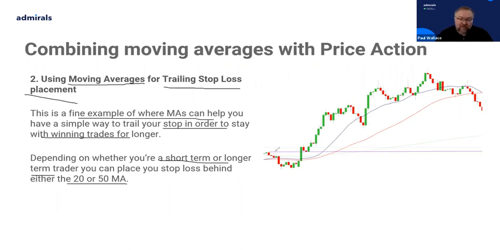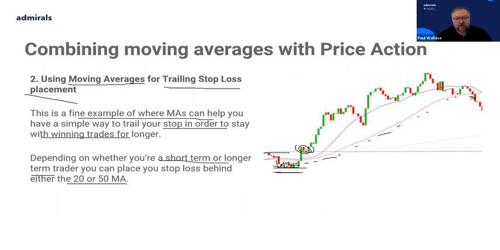So let's say we bought this particular breakout here, and our initial stop loss might have been beneath the lows of that consolidation. Then what we might do is have our stop just behind, in this case, the 50-period moving average. Let's say you have that, and it goes, and actually you're taken out here.